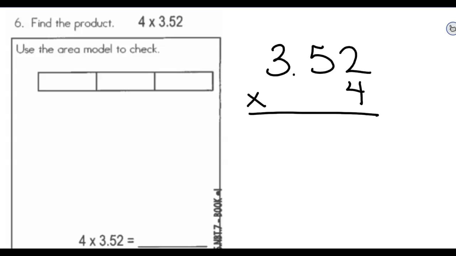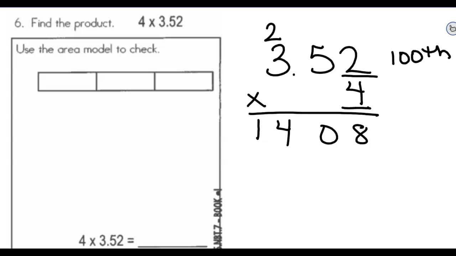So I do 4 times 2 is 8. 4 times 5 is 20. 4 times 3 is 12, plus 2 is 14. Now I look at my smallest place value. Here I have 100, and I'm multiplying that times 1's place. That leaves me with 100th, which means in my answer I must show 100th, which is 2 decimal places. So my answer is 14 and 8 hundredths.